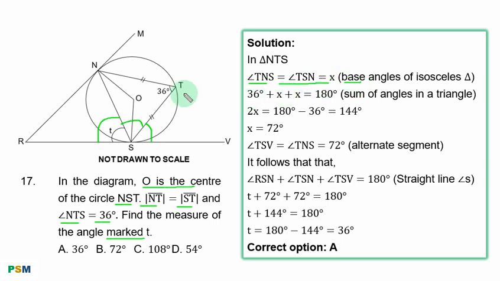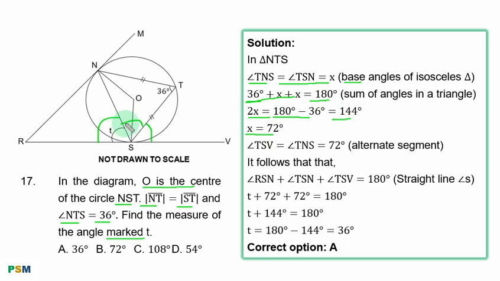So in triangle NTS, if you add the three angles, the sum is equal to 180 degrees. You have 2S equal to 180 degrees minus 36 degrees. You transfer this to the right and you have 144 degrees. Divide both sides by 2 to get S. S is equal to 72 degrees.